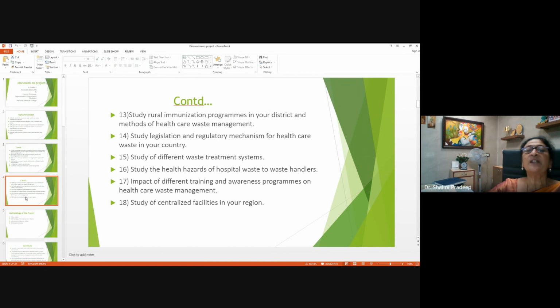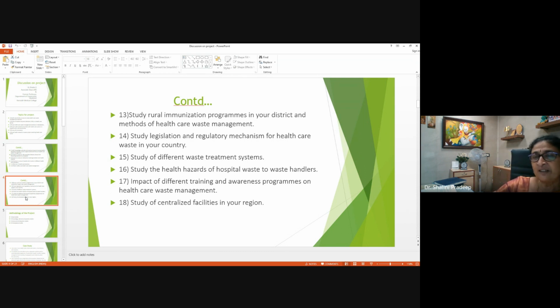Study rural immunization programs in your district and the methods. For example, in the district, you have various PHCs and sub-centers which come under your district. You can go to each one of them or do a sampling of them, and study the rural immunization program: what is the waste that is collected and how it is disposed.